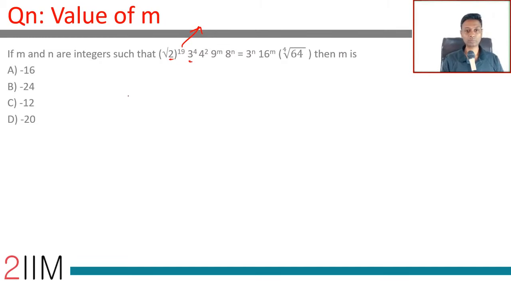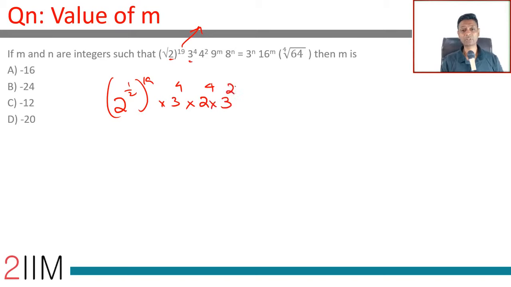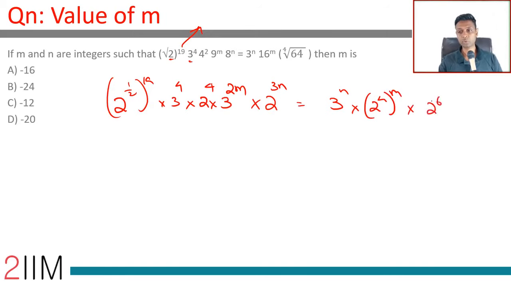So square root of 2 power 19 is 2 power 1 by 2 whole power 19, into 3 power 4, into 4 square, which is 2 power 4. 9 power m is 3 power 2m. 8 power n is 2 power 3n, equals 3 power n, into 2 power 4 whole power m, into 2 power 6 whole power 1 by 4.